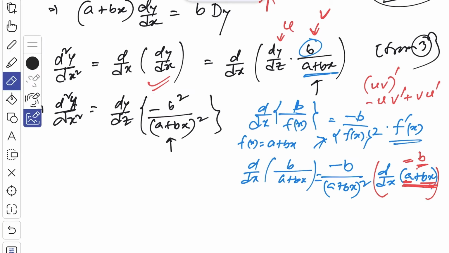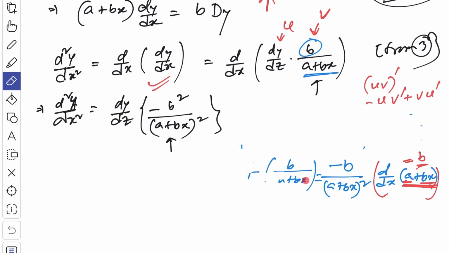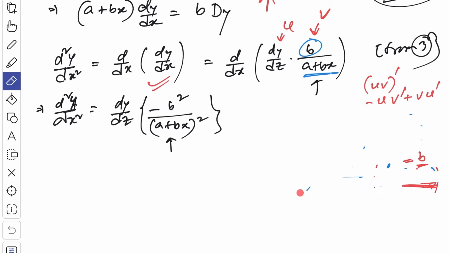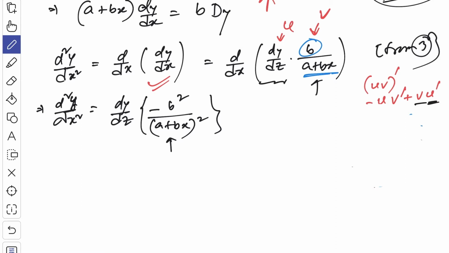So now let me clean these things. Okay, now you see, this part is done, u v dash is done. Now v u dash. Here u is dy by dz, and v is b by a plus bx. And how do we differentiate dy by dz with respect to x?